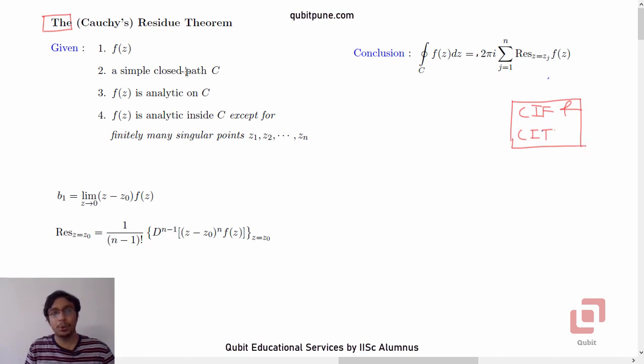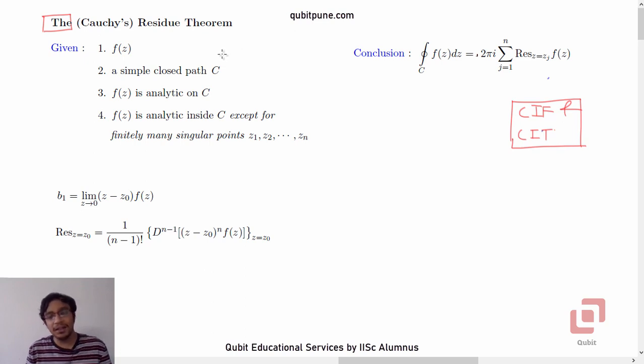Sometimes, to avoid confusion, the residue theorem is just called the residue theorem, not Cauchy's residue theorem, but both are essentially the same. Cauchy's theorem is different, and Cauchy's integral formula is different, but Cauchy's residue theorem is also sometimes called simply the residue theorem.